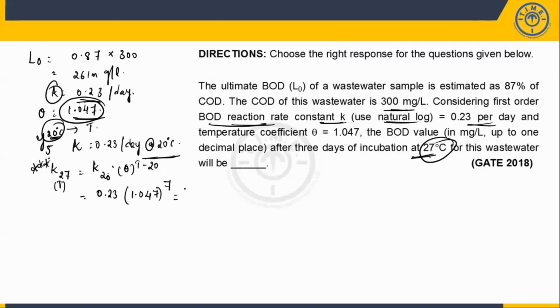The answer is 0.317 per day. Units are per day.